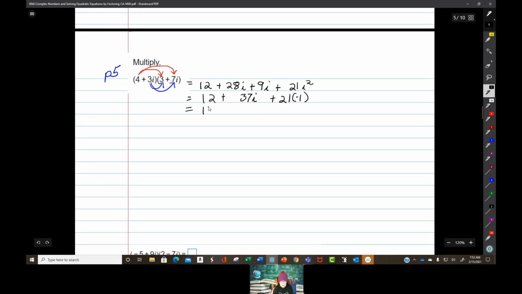So that'll be 12 minus 21 plus 37i. And so our answer is going to be -9 plus 37i. And that's how the i squared works. It's pretty cool that it just becomes a number.